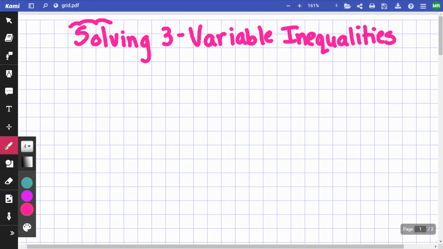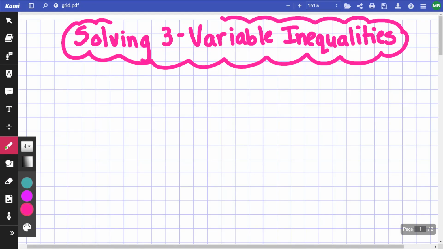So our goal is to get 3 equations in 3 variables down to 2 equations in 2 variables, like we did in integrated 1, and then solve that system. So let me just write that goal.